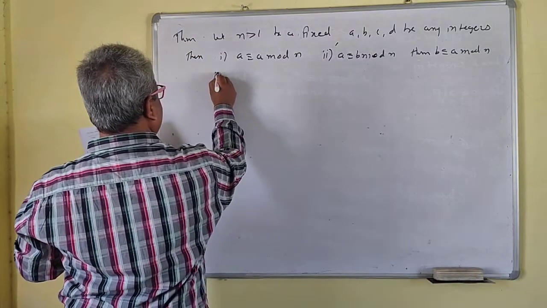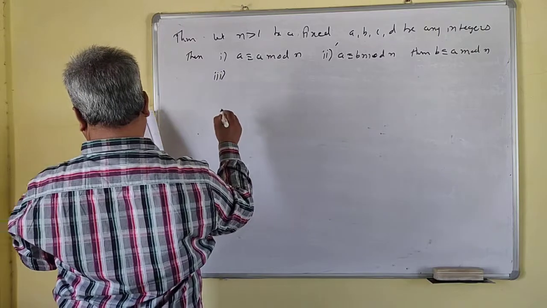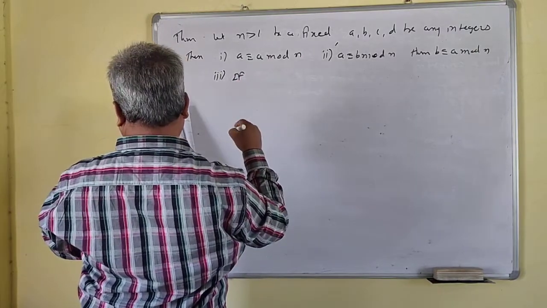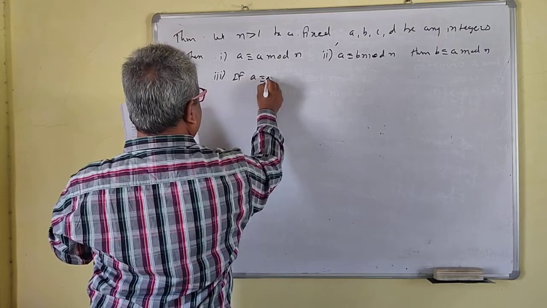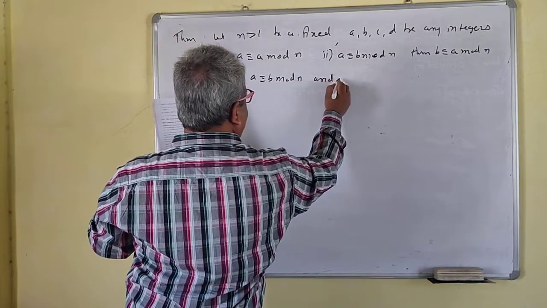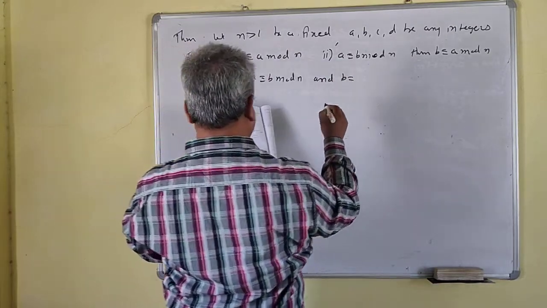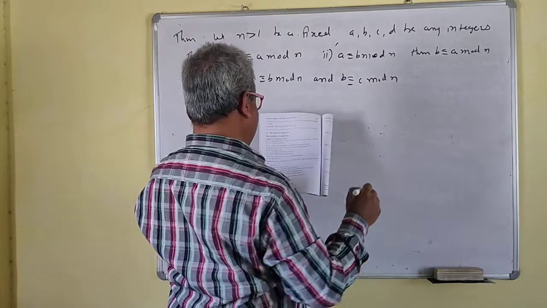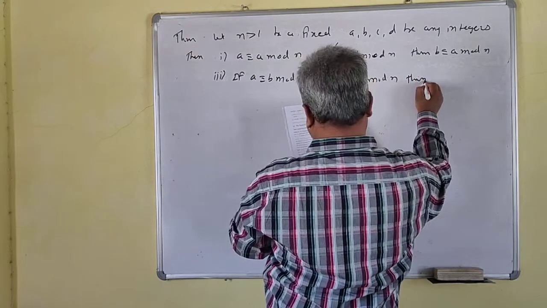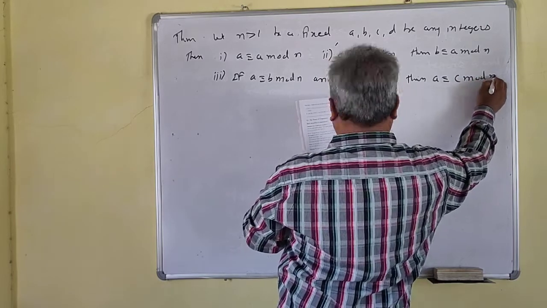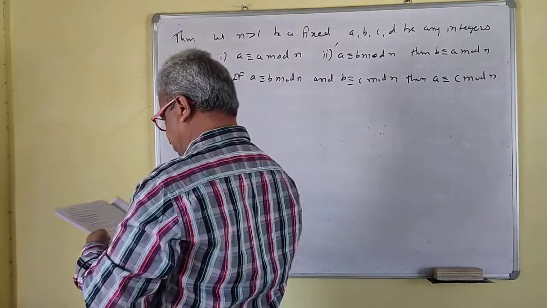Third, if a is congruent to b mod n and b is congruent to c mod n, then a is congruent to c mod n.